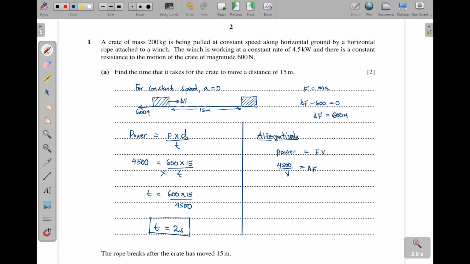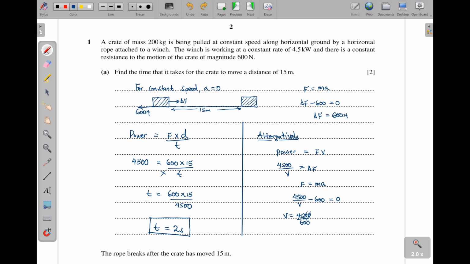So if we are having F equal to MA, the driving force is now 4500 over V, minus the resistance force, which is 600, and acceleration is 0. When you take this one this side, you'll get the velocity as 4500 divided by 600, which will be 7.5.